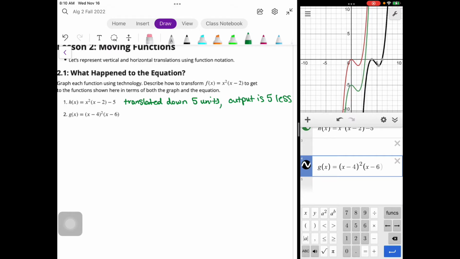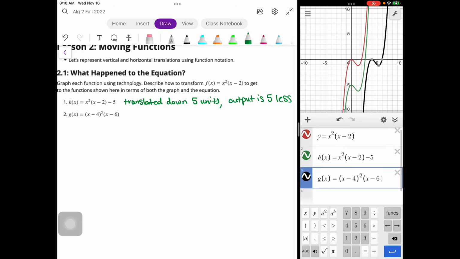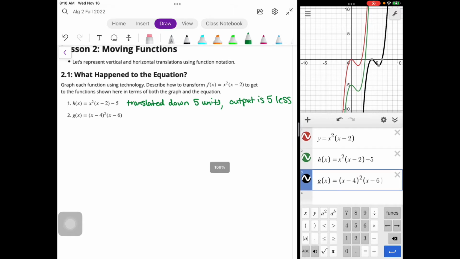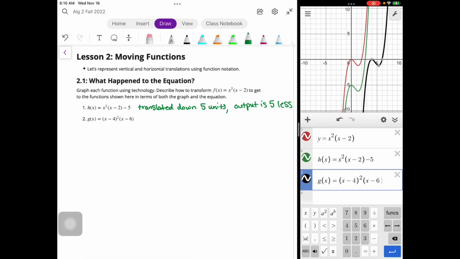Now this one might be a little harder to see with the equation, but with the graph, I think it makes it a little bit easier. So let's take a look at this one. So we're going from the point 0, 0 to 4, 0. We also have the point 2, 0, and that moves to 7, 0.